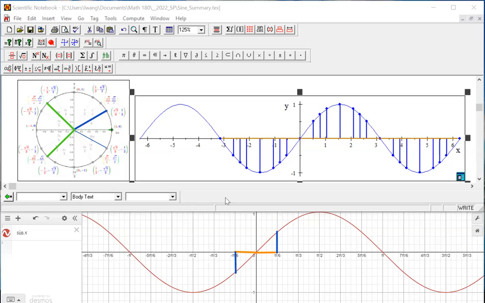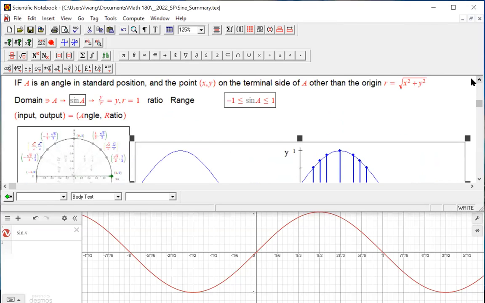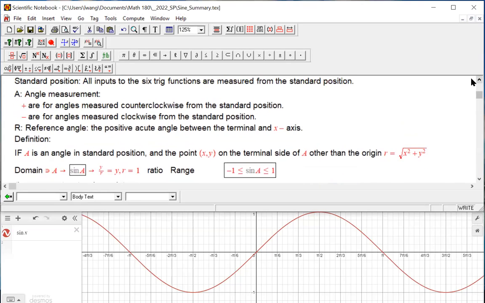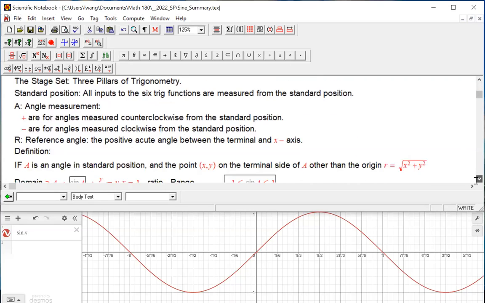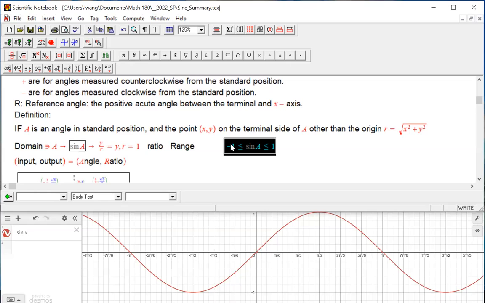Once again, let's close this lesson by going back to the definition one more time. A function is a rule. So the sine function is a rule that assigns each input, which is an angle, and produces exactly one output, which is a ratio. And the domain and range for sine, what is it? Right here.